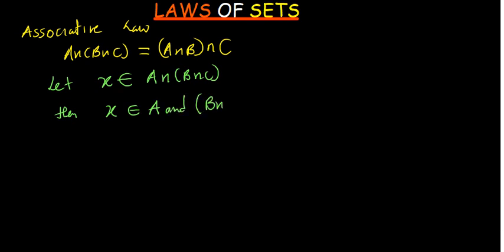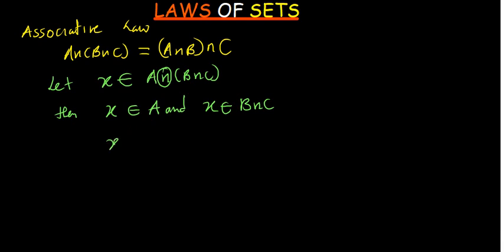So this is the meaning: x is a member of A and x is a member of B intersect C. I've just divided where there was intersection, I've put and, meaning x is a member of A and x is a member of B intersection C.